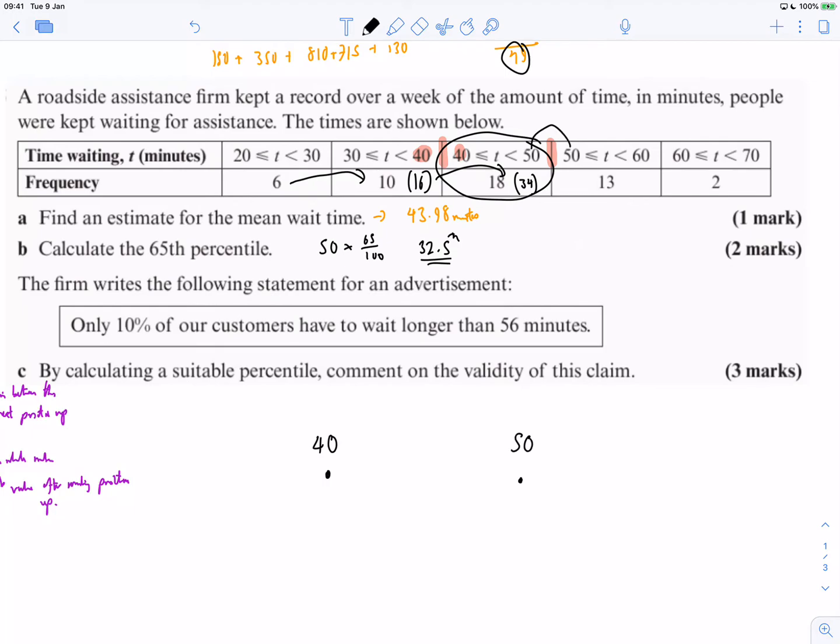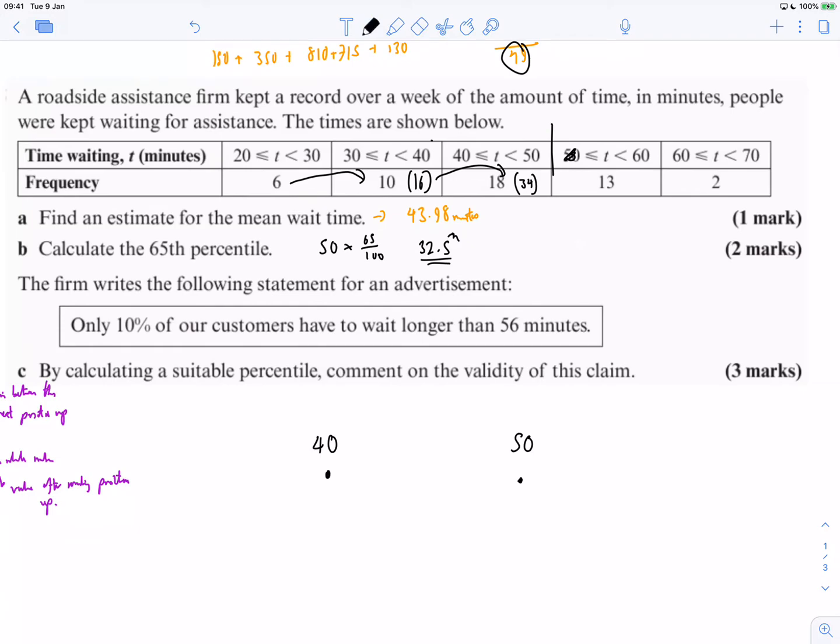If it wasn't, say for example this was 39 and this was 51, then the boundary of the class would be 50.5 and the boundary of this class would be 39.5. So I'd do my diagram from 39.5 to 50. But because the boundaries of each class are right up next to each other, I can just take the lower bounds of each class. That's fine.